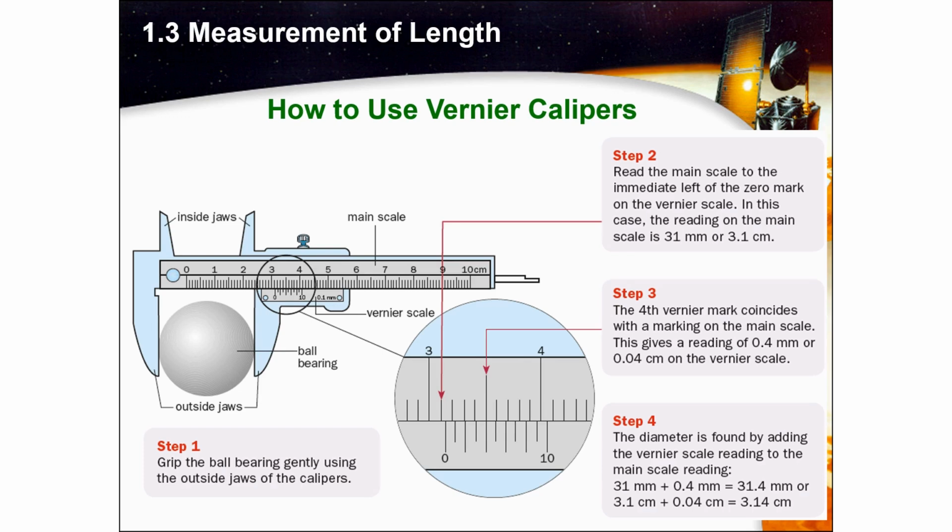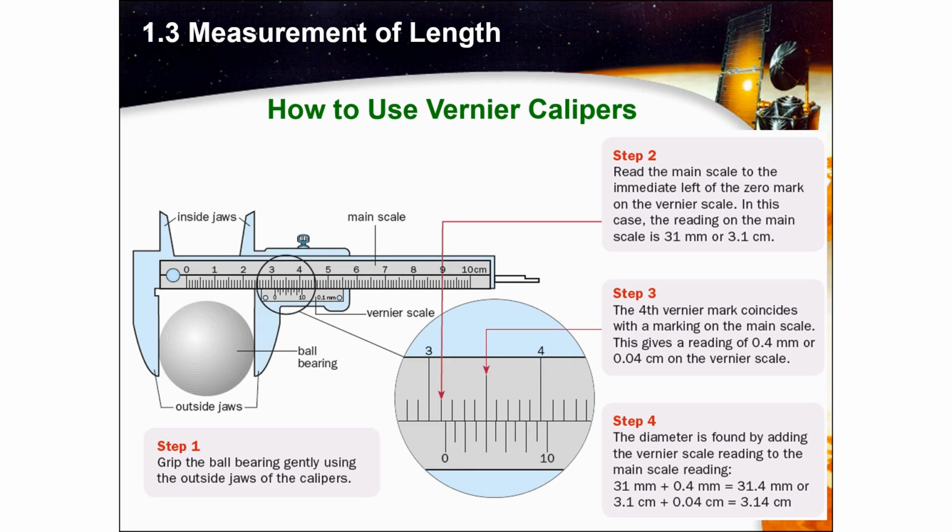So we got 0.04 centimeter or 0.4 millimeter. So in that case, we will count by adding the main scale just now, the first counting in step 2, and we plus step 3, you got 3.14 centimeter. Okay, hopefully you have understood that.